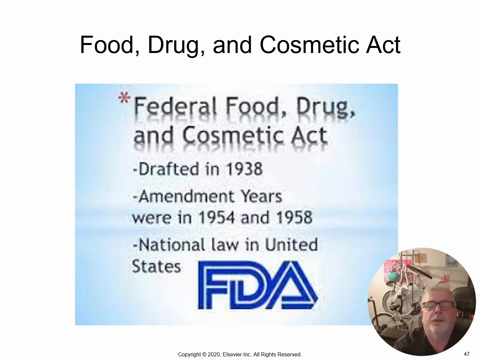So what regulates what we can and can't do, and how drugs are facilitated in the United States, all comes from the Federal Drug Administration. And it all started with the Federal Food, Drug, and Cosmetic Act that was drafted in 1938 and has had some tweaks in the legislation over the years.